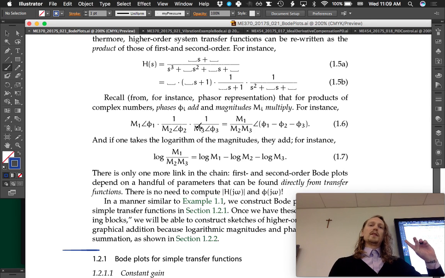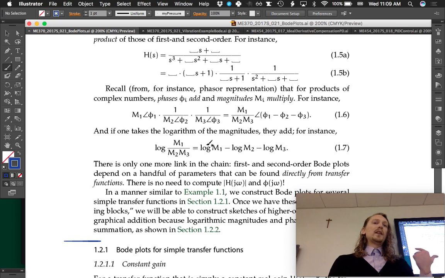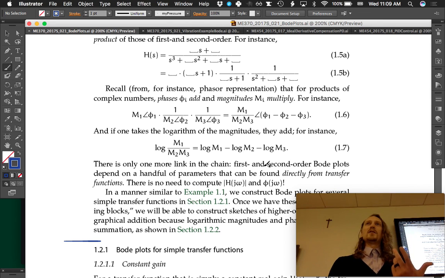The next one was that when you combine complex numbers, the magnitudes multiply and the phases add, okay? The phase adding part's easy. And if we take the logarithm of the magnitude part, the logarithms of the magnitudes add. So we're preparing to sketch these things by hand, and all of these facts are going to help us do that.